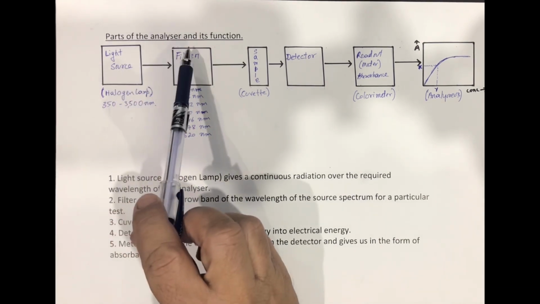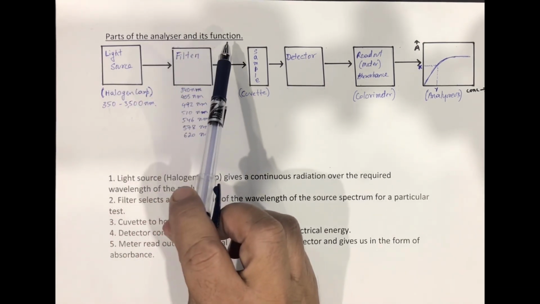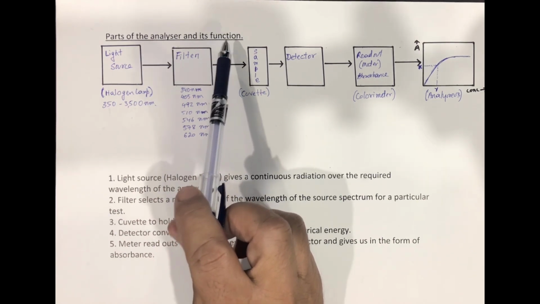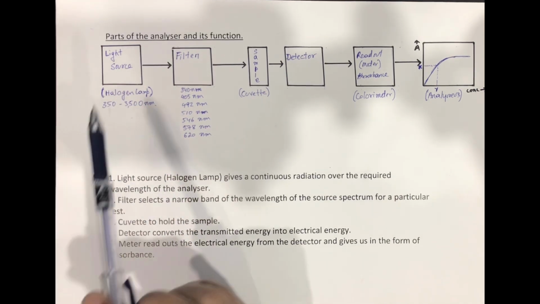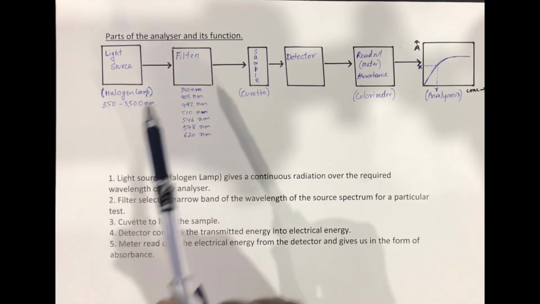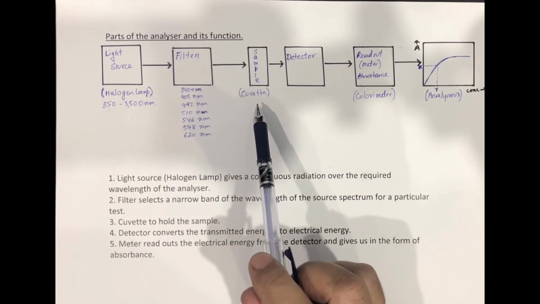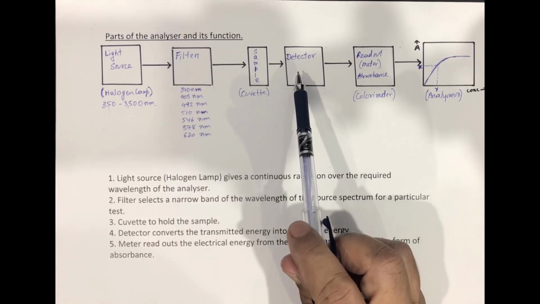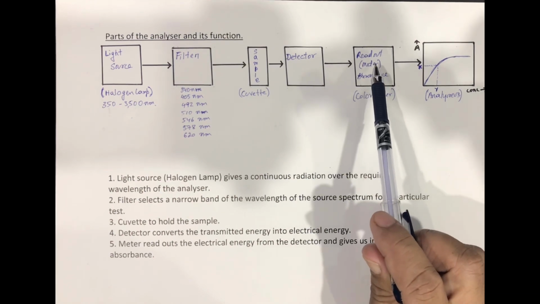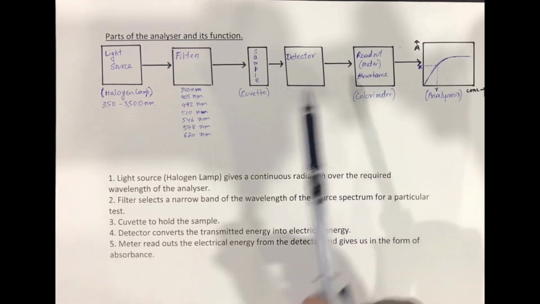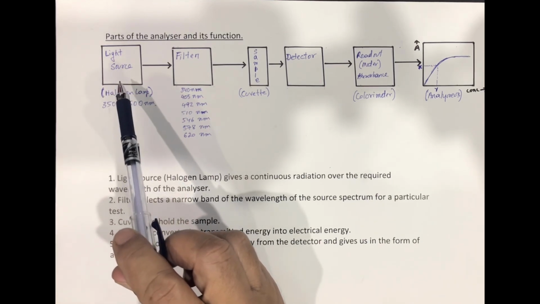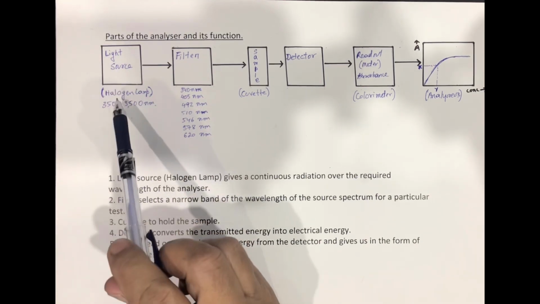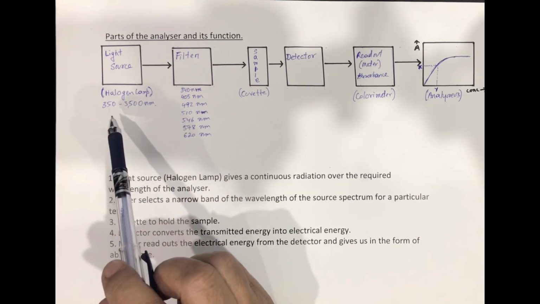Parts of the analyzer and its function. Let us see how the analyzer works. The analyzer has the following parts: light source, filter, cuvette, detector, and readout meter. Light source: most analyzers use a halogen lamp as the light source.